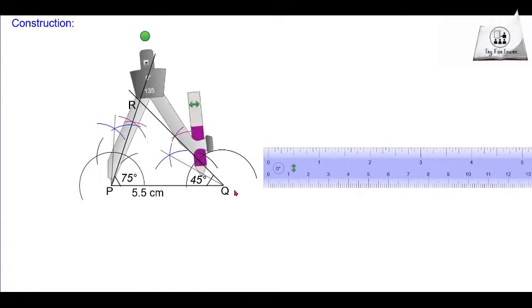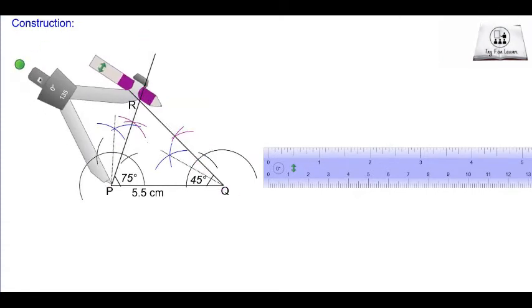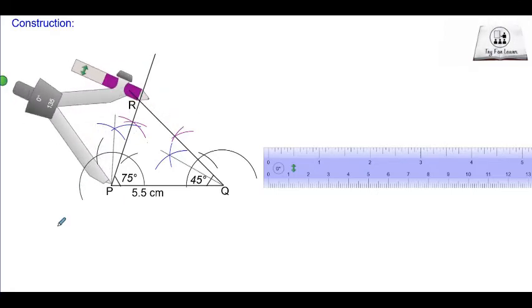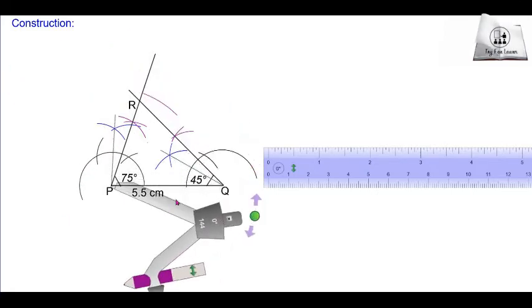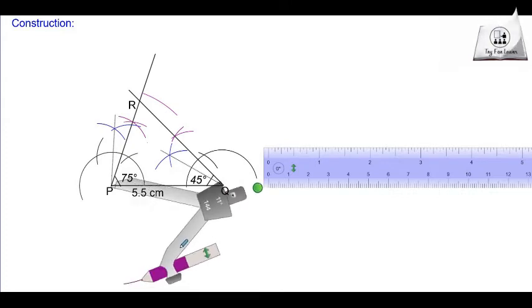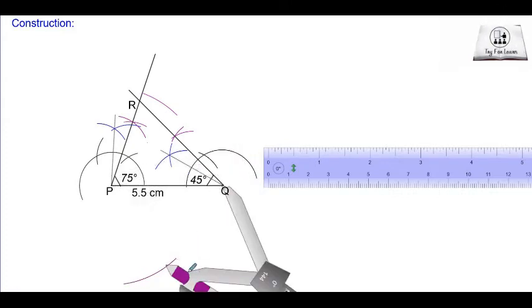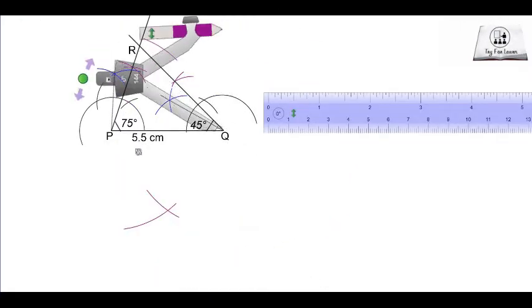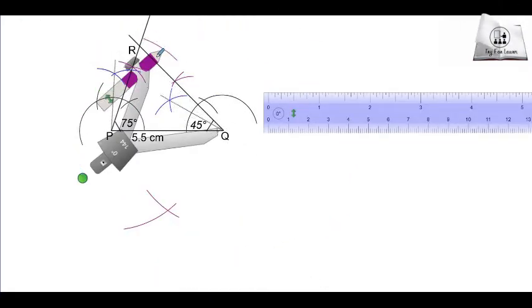For that purpose, let's take an arc. To take the midpoint of PQ, here we need to take an arc a bit more than half of PQ, upward and downward. And the same arc you have to take downward also. Keep this constant, and then from Q also take the same arc downward and upward.